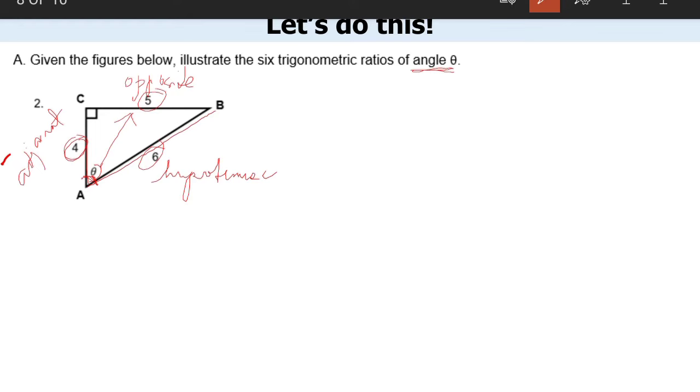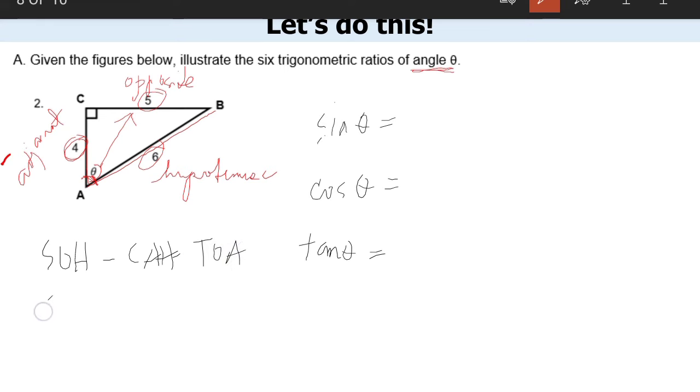So, we are now ready to illustrate the 6 trigonometric ratios. Again, we will write here sine theta, cosine theta, and then tangent theta. So, remember again SOH-CAH-TOA.